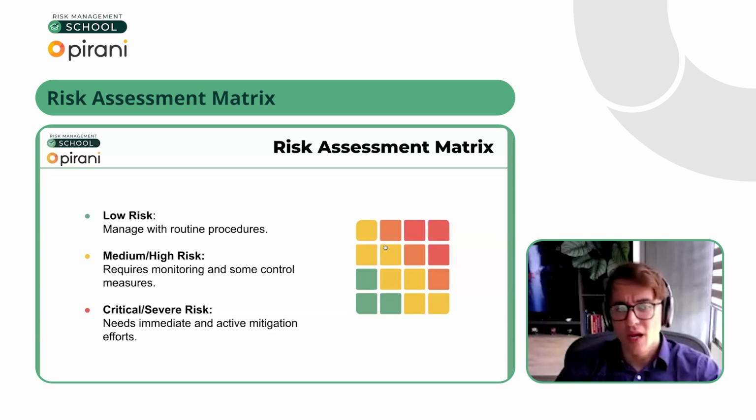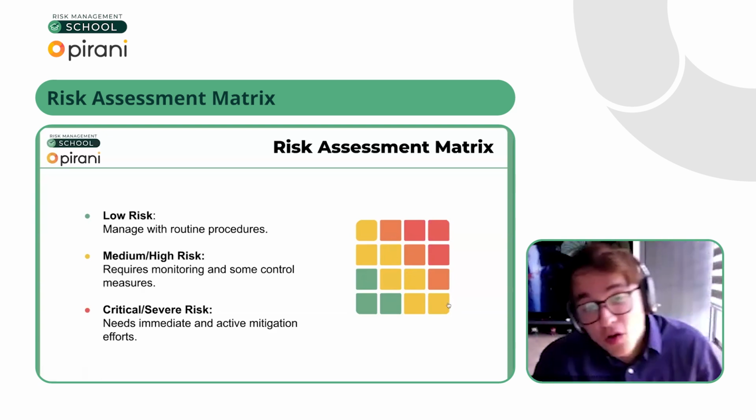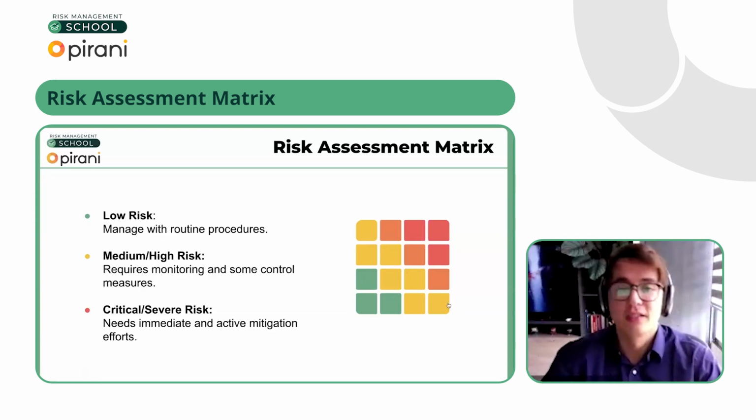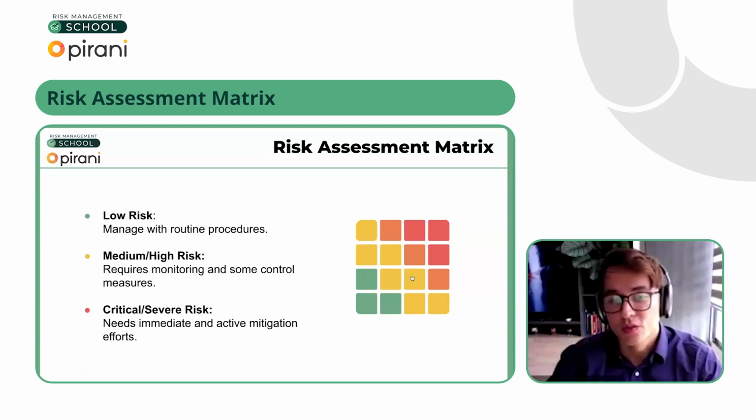The medium and high, in this case the yellow and the orange, require monitoring and some control measures. And of course, if we need to prioritize and start with some risk first, maybe we need to work with the critical or severe, in this case the red ones, that need immediate and active mitigation efforts.